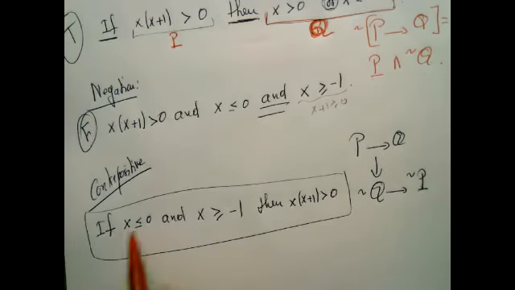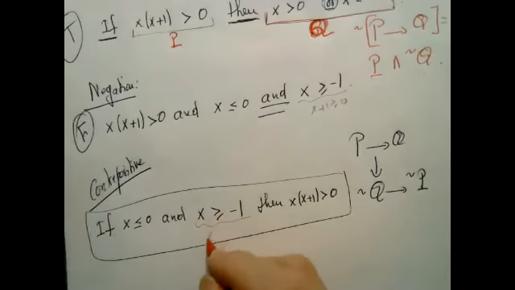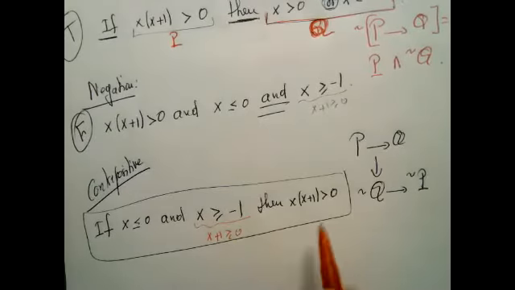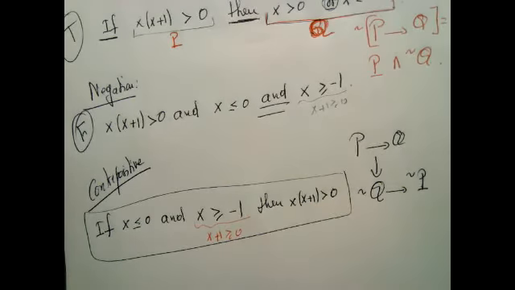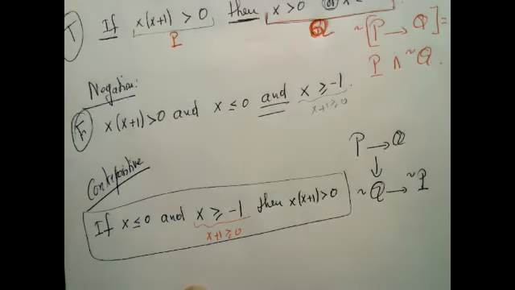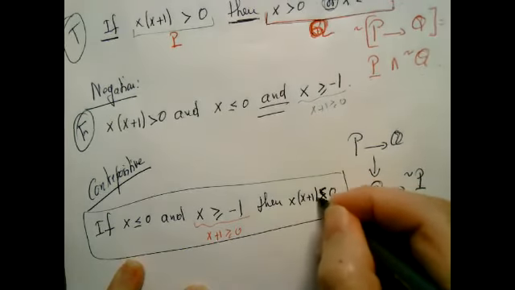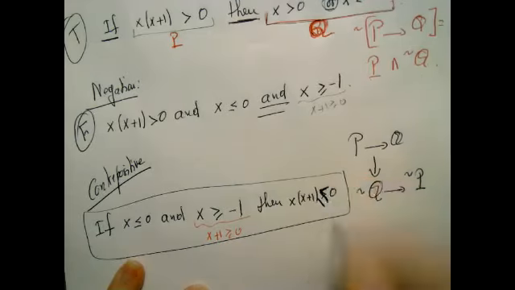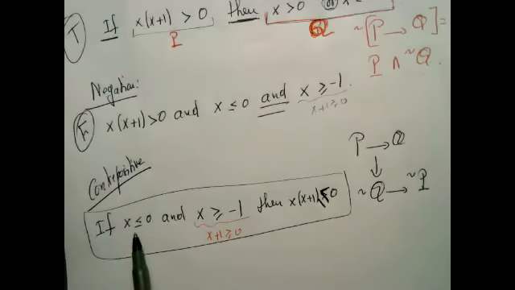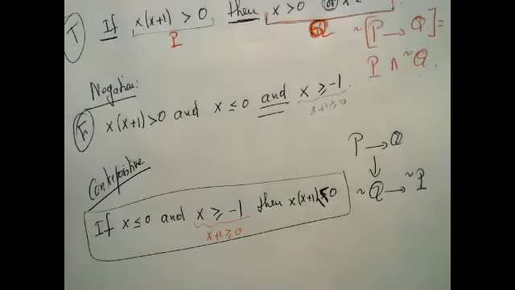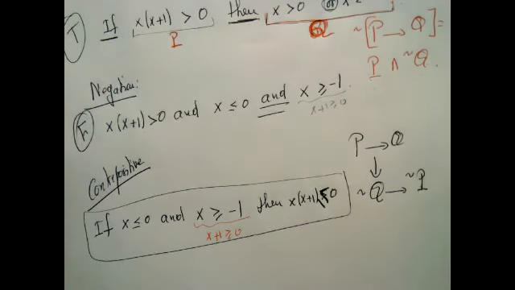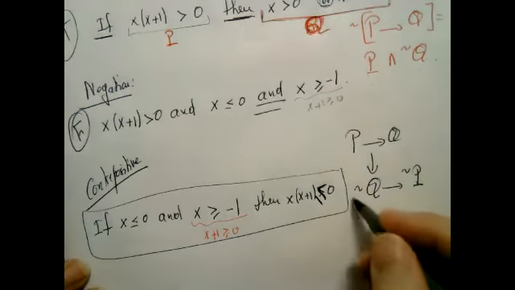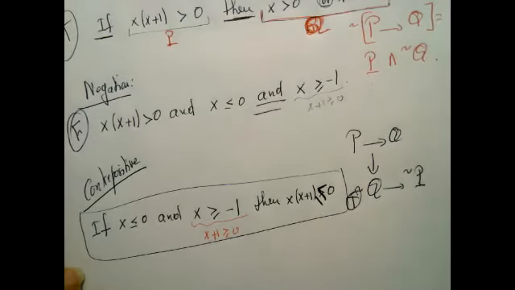If X is negative and X bigger than minus 1, which means X plus 1 is positive, did I write something absolutely nonsense? My apology. The conclusion should be non-P. If X is negative and X plus 1 is positive, the product is going to be negative. The contrapositive is actually true, and it's easier to see that it's true than the original statement. So my original statement is true, my negation is false.